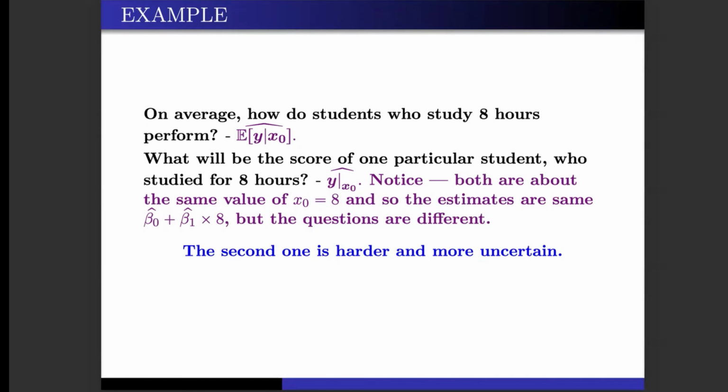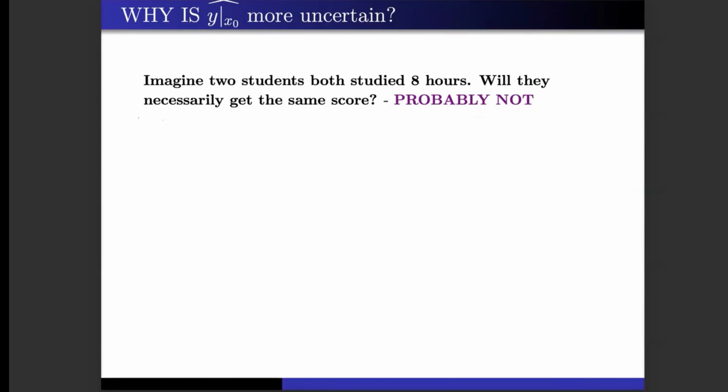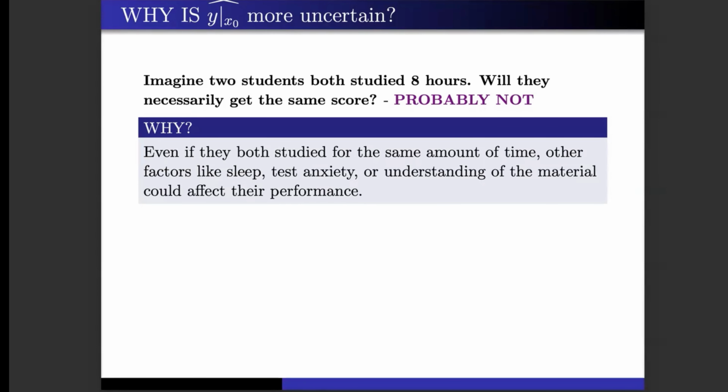And now let's try to see why the second estimate, that is, an estimate of an individual value of y, is more uncertain. Imagine two students walk up to you and tell you that they both studied for 8 hours. Now tell me, will they necessarily get the same score? Probably not. But the question is why?